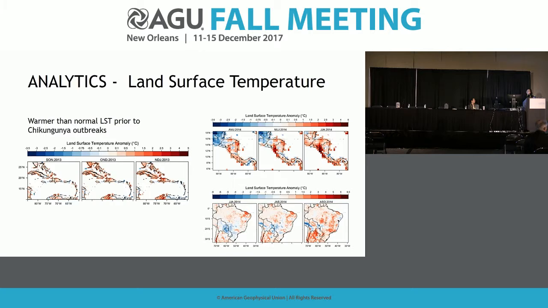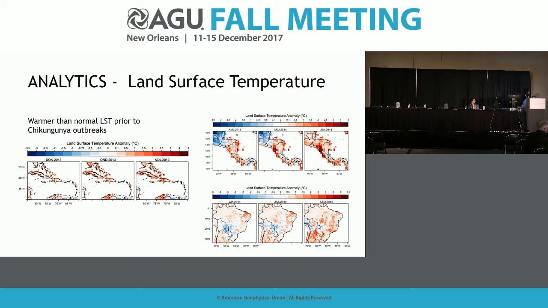Next, this is just to give you an idea of the spatial distribution of LST anomaly. For example, for the Caribbean, the first chikungunya outbreak occurred in December.